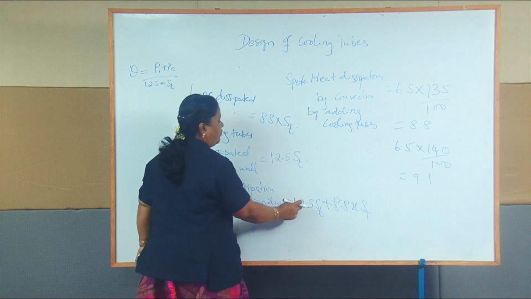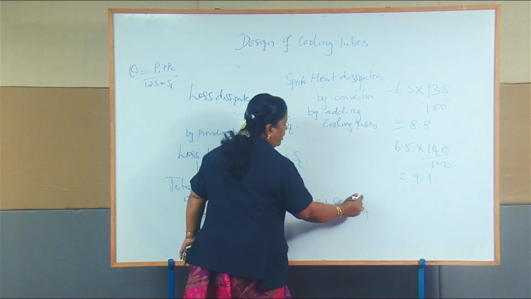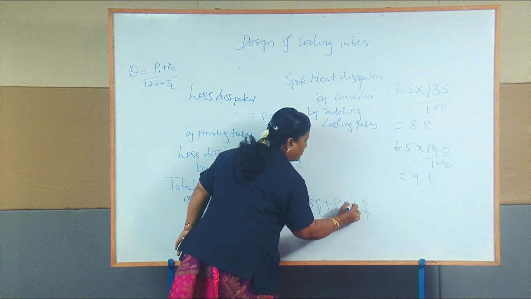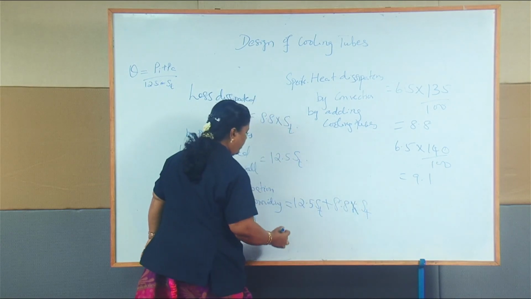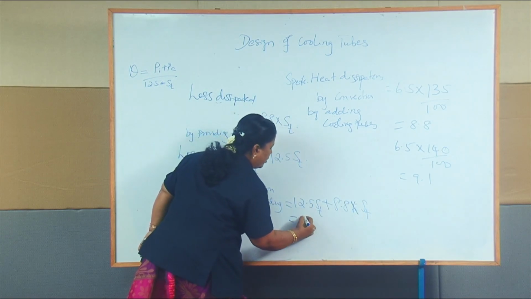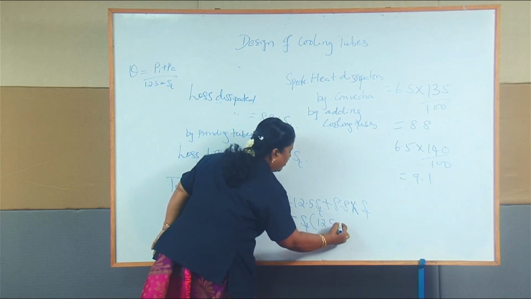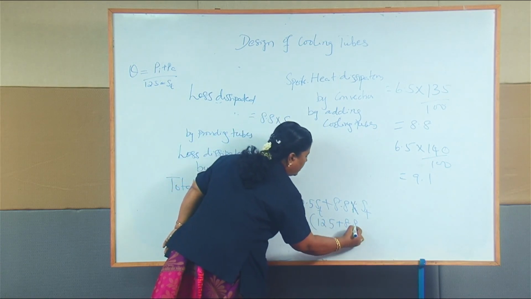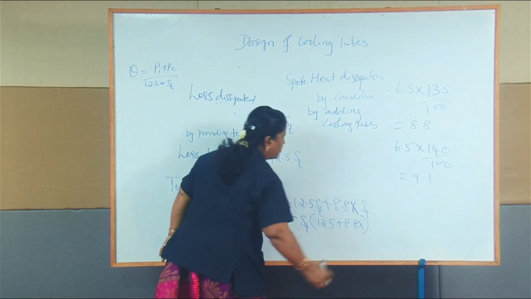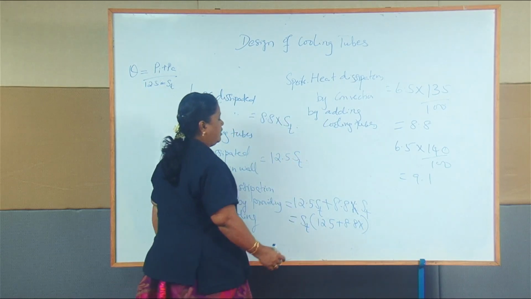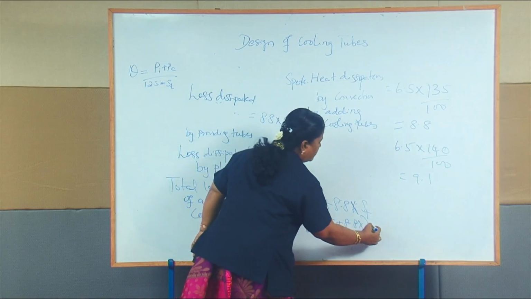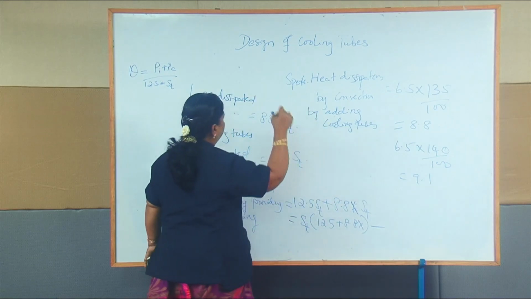So it is 12.5 S suffix T plus 8.8 X into S suffix T. So S suffix T you can take commonly outside: S suffix T, 12.5 plus 8.8 X.